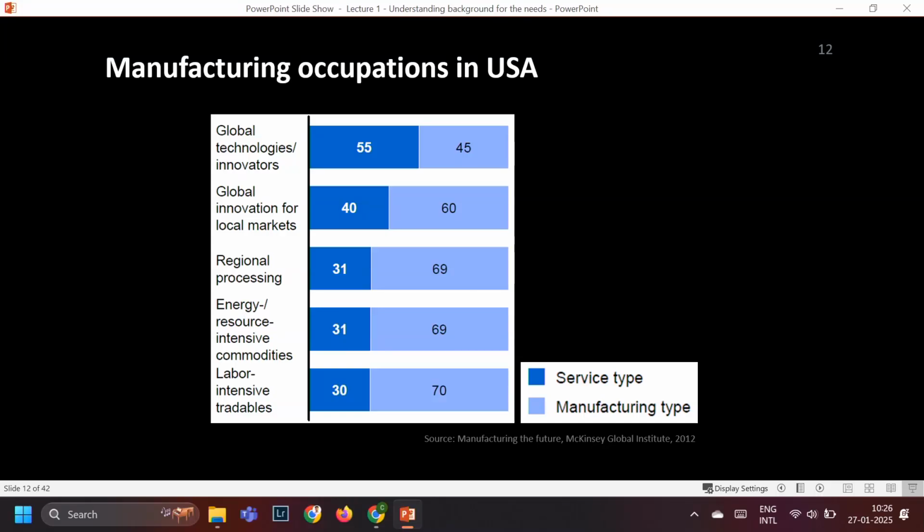So looking into people, employees, occupations, this graph shows the data from the US, looking into the employees' positions of a manufacturing organization.